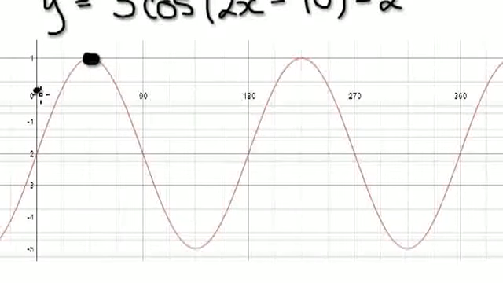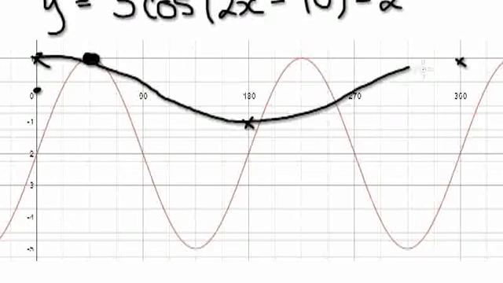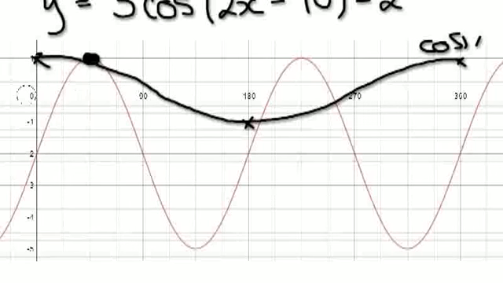When we first started out, it was cos of x, meaning this. Slowly we transformed it into this. Sorry, what I said earlier was not right.